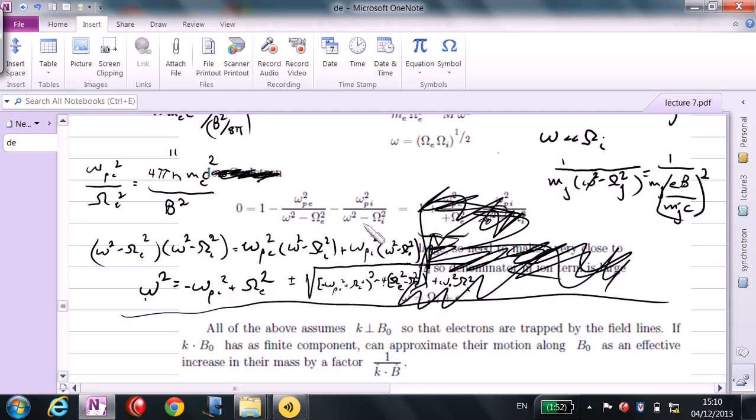No, it has to be very close to omega I, because this term is bigger than this term now, because there's a finite angle, and the electron polarization is this term. And to make this term as big as this term, I have to make the denominator in the ion term small.